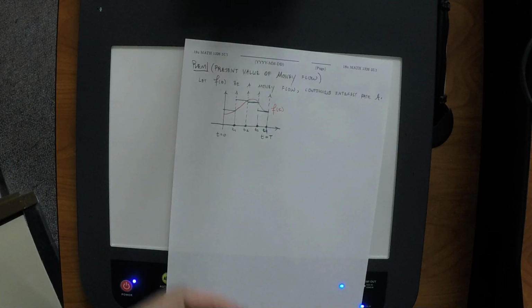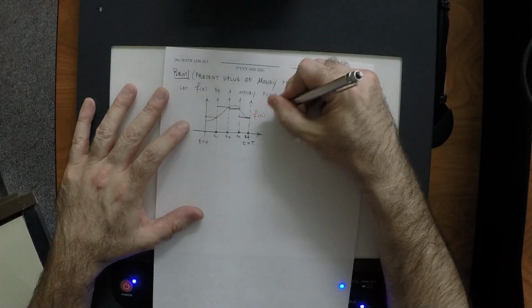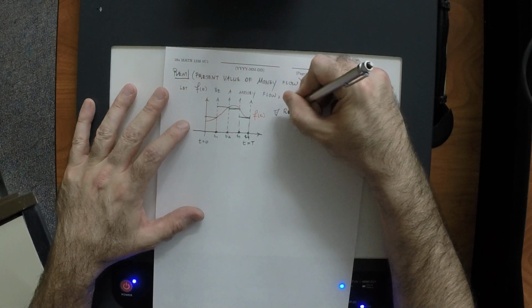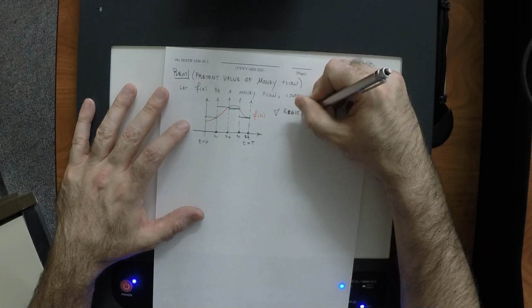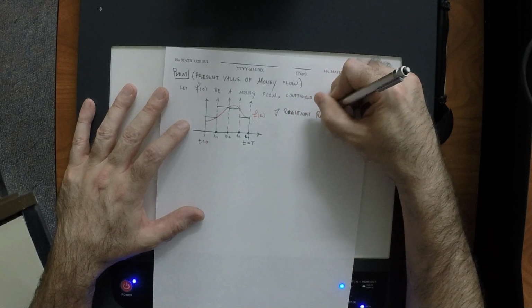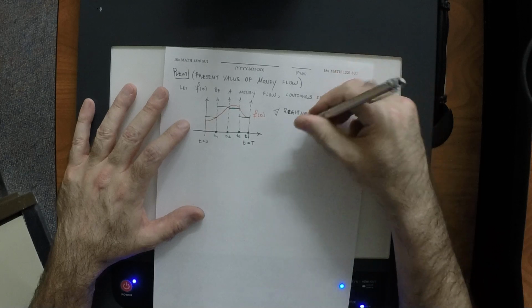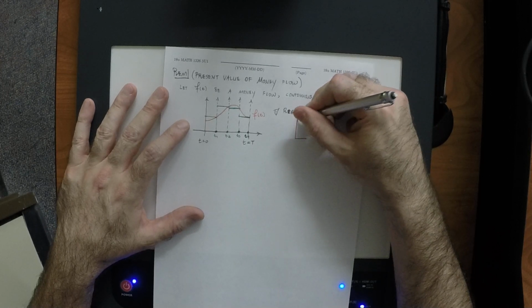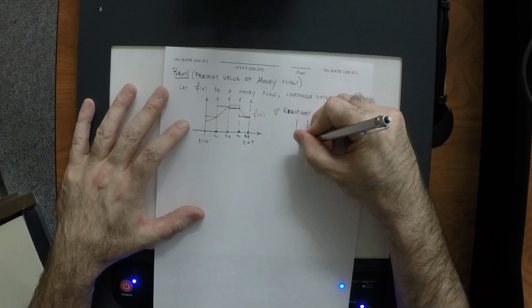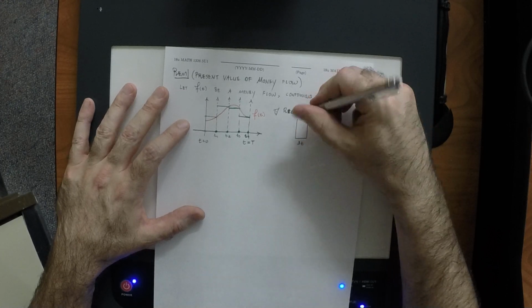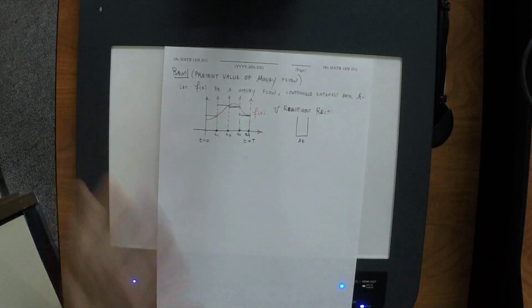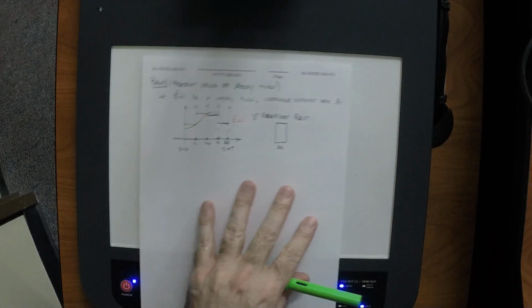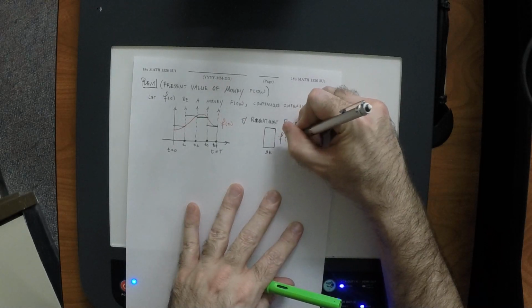Again, looking at the rightmost rectangle, using the same kind of notation as before, this has a base delta t, and it has height f of t4.